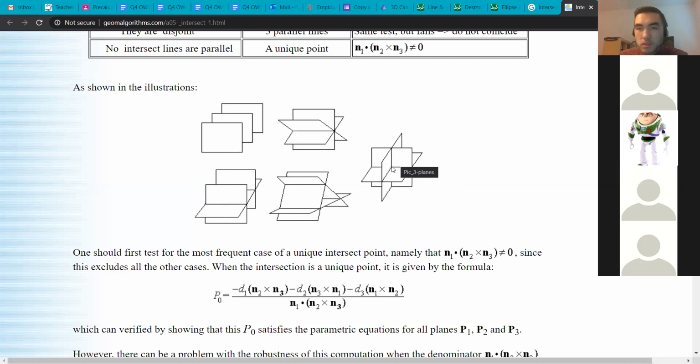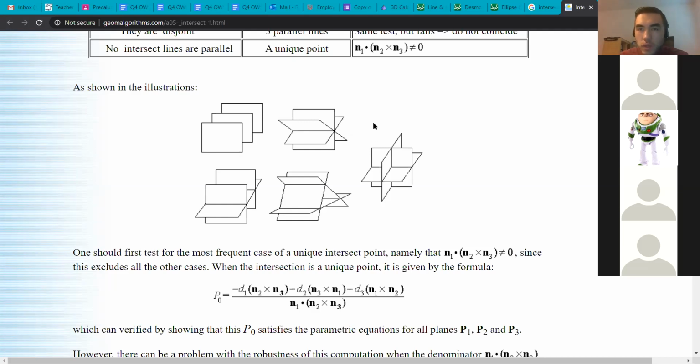However, you have cases where the 3 planes do intersect, but instead of intersecting at a single point, all 3 of these planes here in this top image intersect along this line right here. And in those cases, the answer to where these 3 planes meet is whatever the equation of this line is.